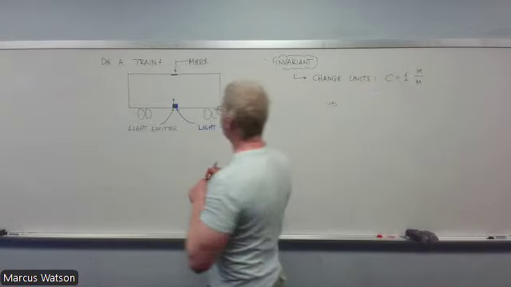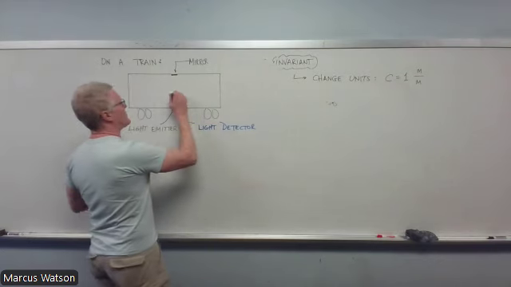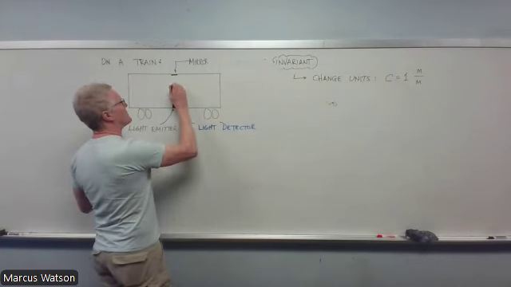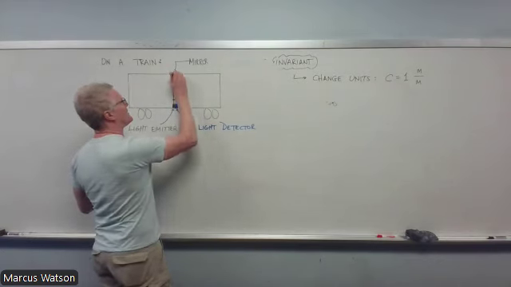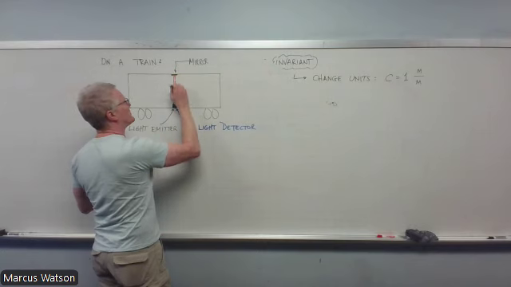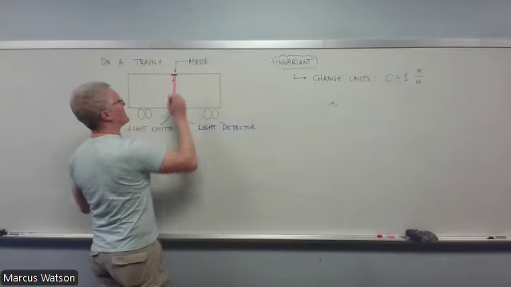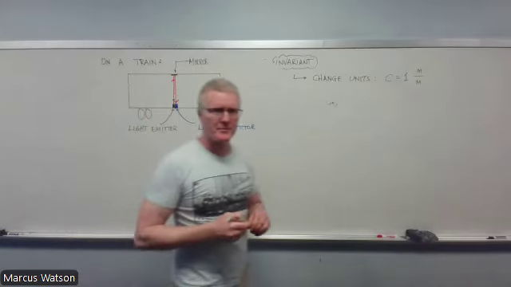That means the path of the light as it goes up would follow one of these, and it comes down and hits the detector there. It's going up on that side and down on this side.